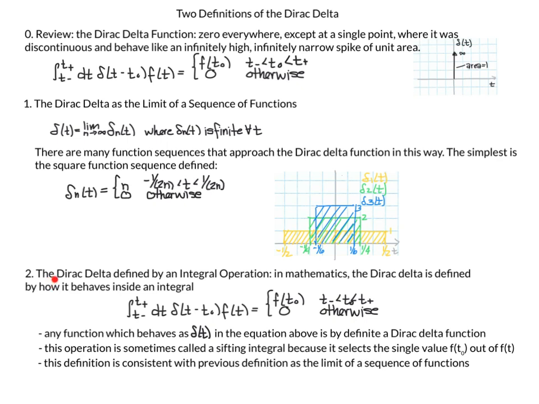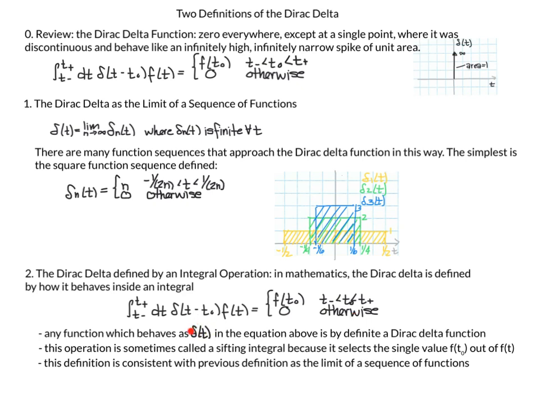Anyway, the second topic is the Dirac delta defined by an integral operation, and this is how it's defined in mathematics. The Dirac delta is defined by how it behaves in an integral. When you take a Dirac delta function, multiply it times some other function, and then take the integral, then if your Dirac delta is centered at t0 and the interval you integrate over contains t0, the integral is going to be equal to f of t0, and it's going to be 0 otherwise.